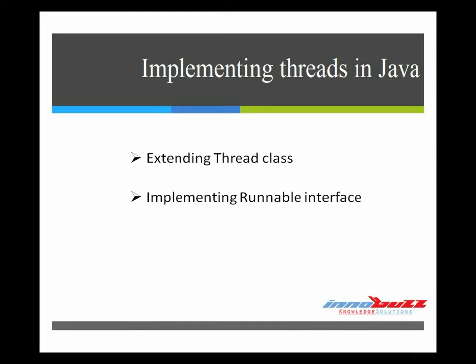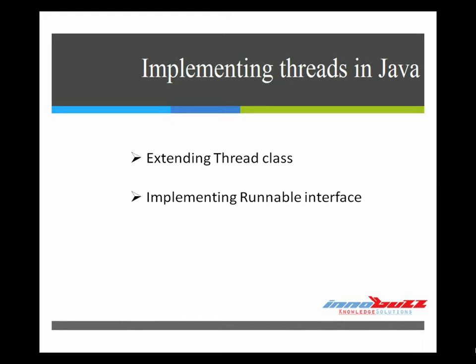And we shouldn't forget that a class that implements Runnable is not a thread. It is still just a class. If you want to create a thread from a Runnable, we have to create an instance of Thread and pass the Runnable as a target.